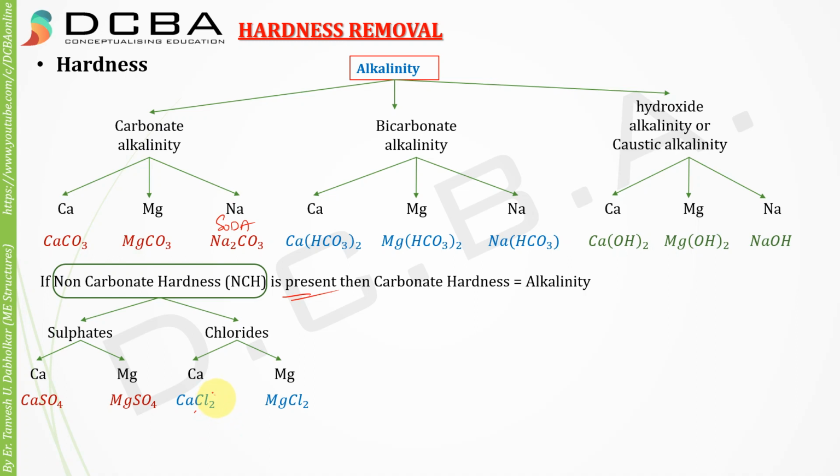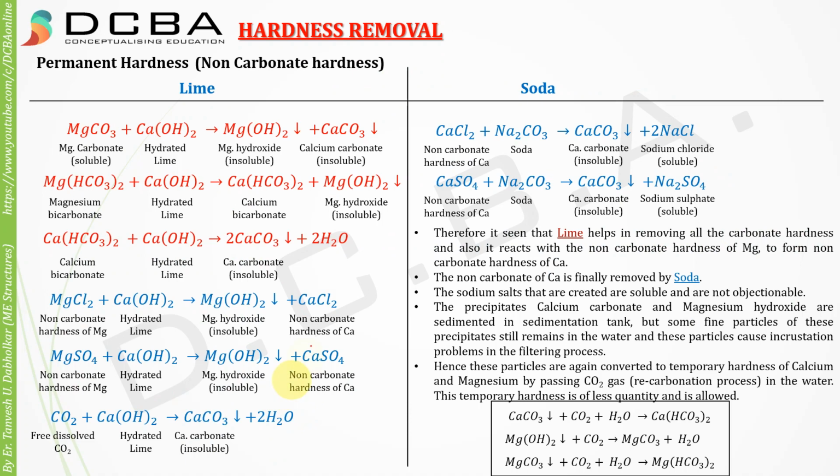So what I am saying is that if non-carbonate hardness is present, that means these all are present in the water. If these are present, then obviously soda has to be absent, because soda is going to ultimately react with them and form some precipitates, right?